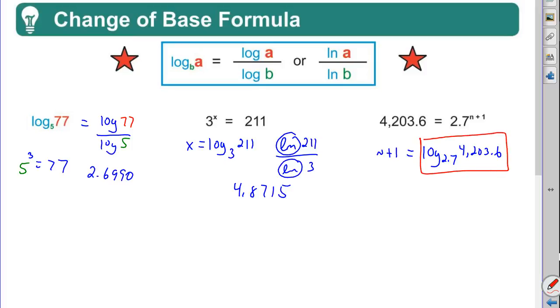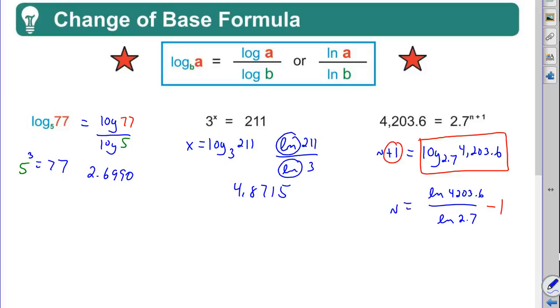I can move that 1 now or move it later. But let me just do this part. Would you agree this is the natural log of 4,203.6 divided by the natural log of 2.7, right? And if I move my 1 to the other side, it'll be minus 1, and that's what n will equal.